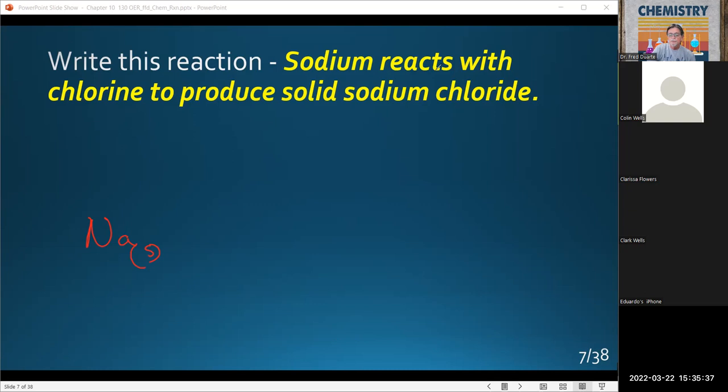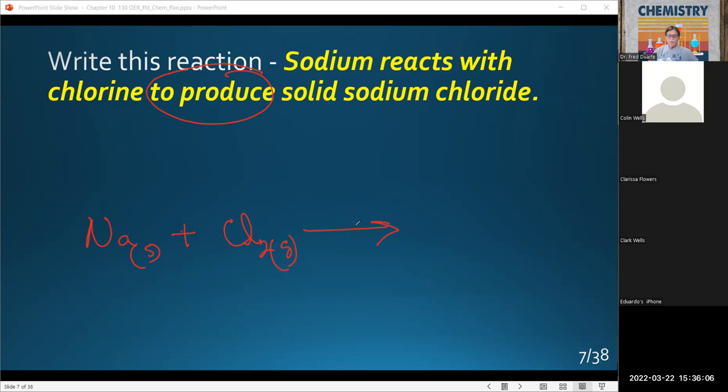Then the keywords "reacts with" are the indication that it's a plus symbol. Remember that chlorine is a gas and it's diatomic. "To produce" is a flag to tell you it's our reaction arrow.